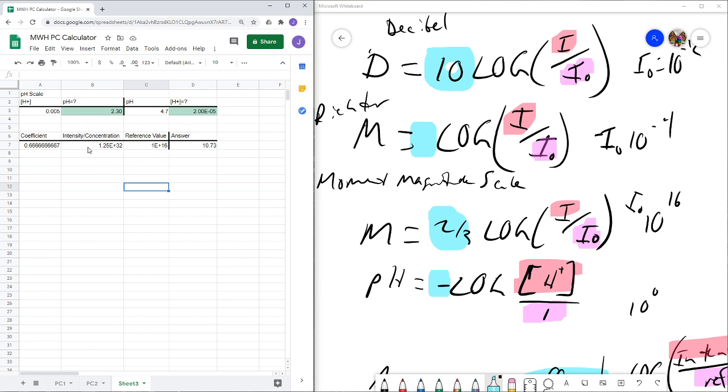We could use a switch function so that we can hard program each of these intensities and coefficients into here using a switch, and then you could not have to retype those. But I think we've hit a good time limit for this video.